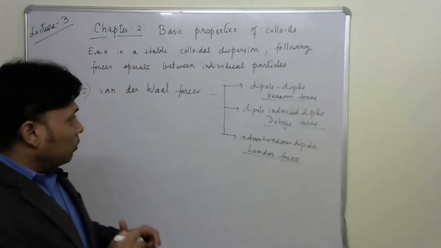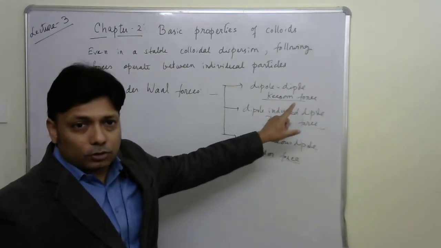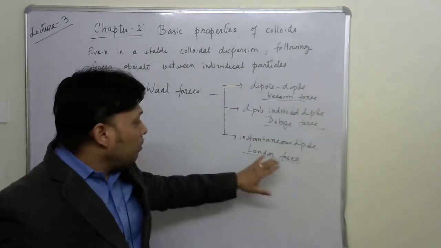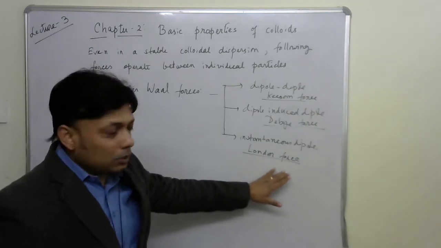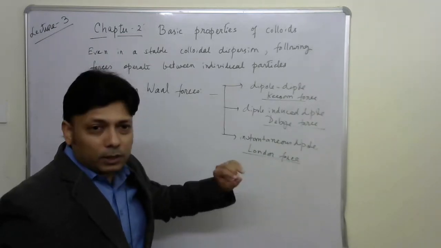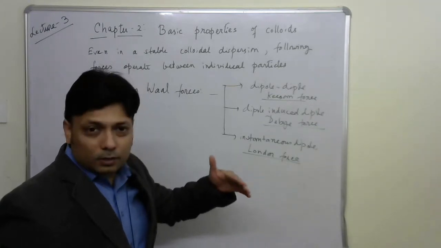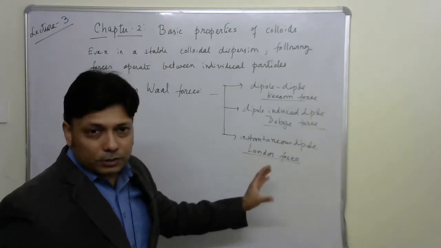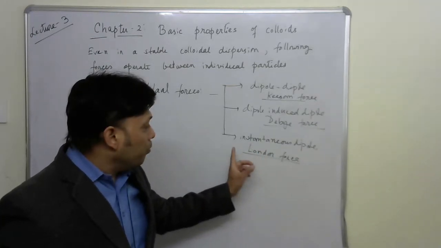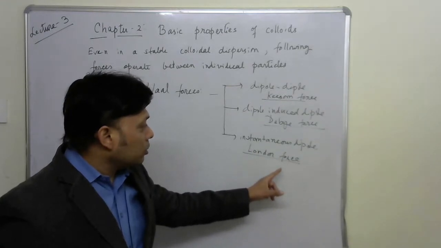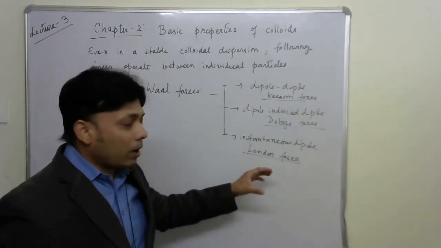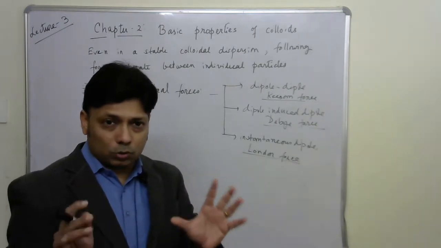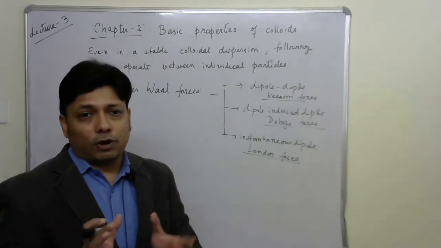Remember, you need two dipoles to have a dipole interaction. You need at least one dipole to have a dipole induced dipole interaction, but for the dispersion force you do not need any polarity. Even completely non-polar molecules like iodine molecules, how two iodine molecules attract each other is best described by this London dispersion force, where some induced polarity is automatically developed between the two non-polar molecules so that they get attracted to each other.